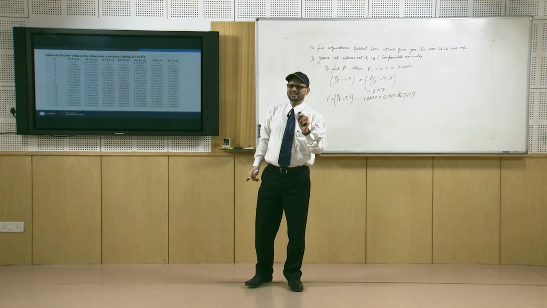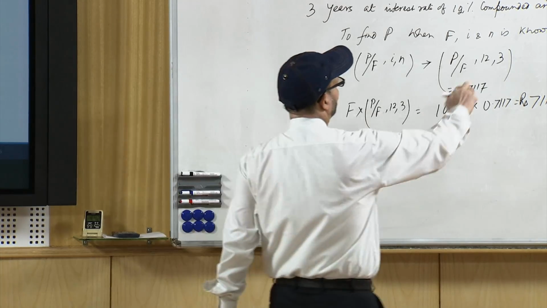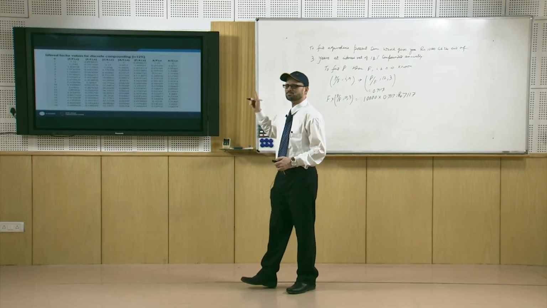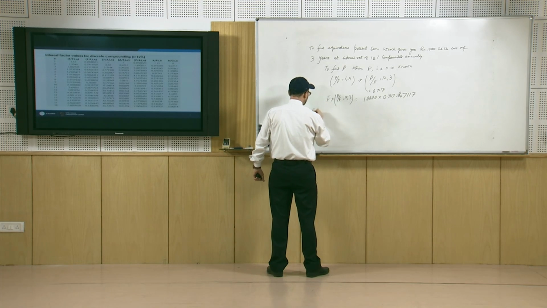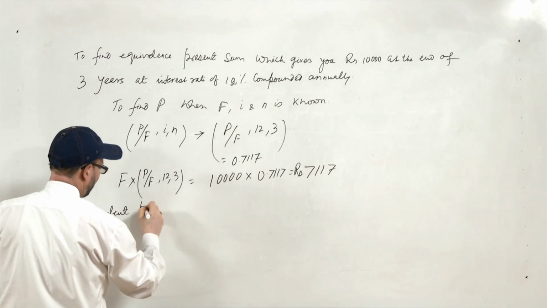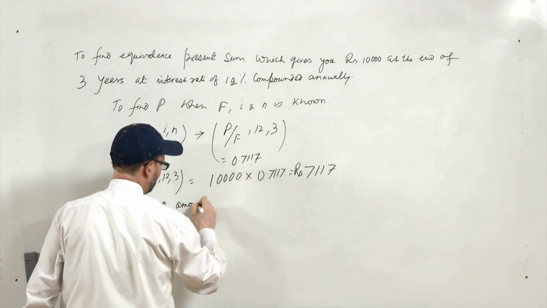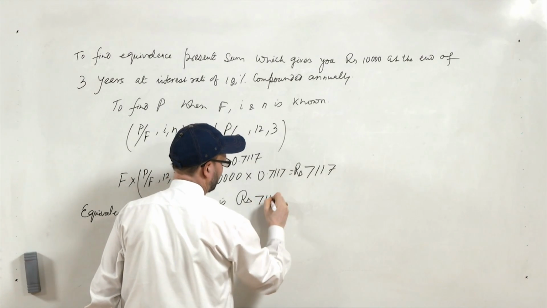This is the equivalent amount at present time, which will give you rupees 10,000 at the end of 3 years at this particular interest rate. So, you can say that the equivalent present amount is rupees 7117.